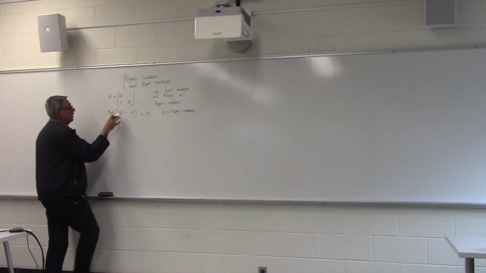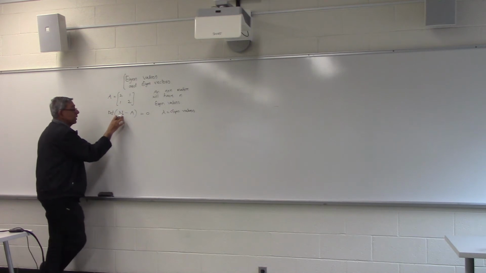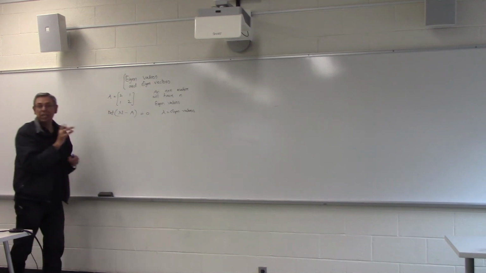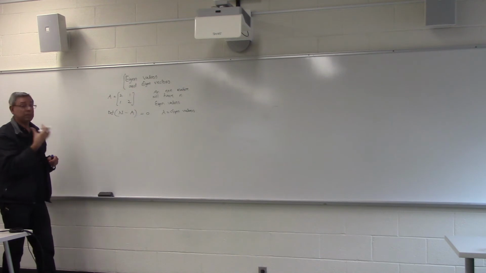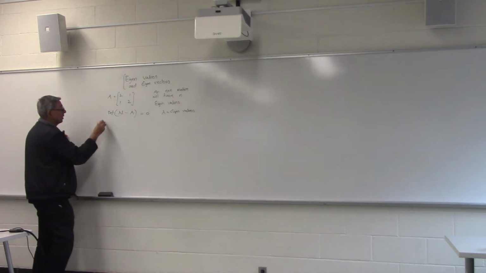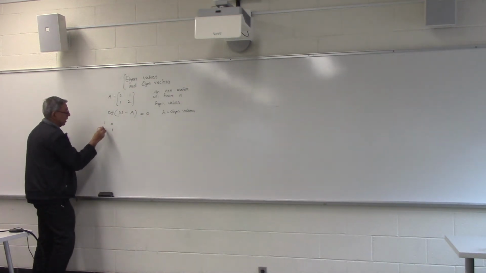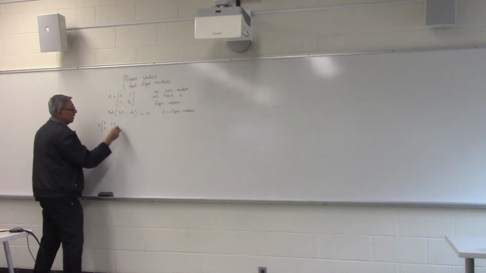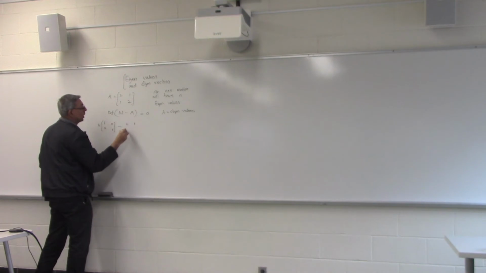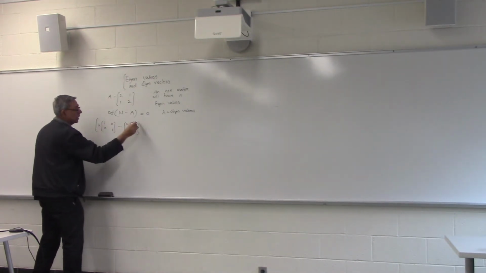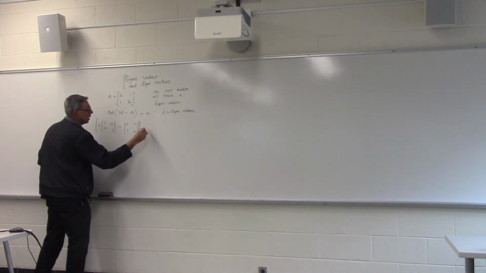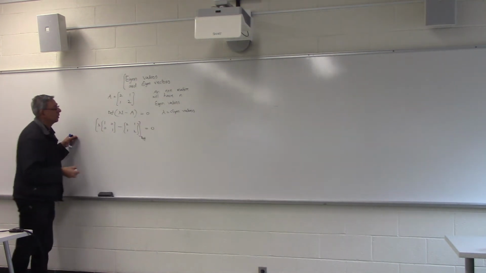I is the identity matrix, not the identity in terms of images, but in terms of matrices. So this will be lambda I minus A, 2, 1, 1, 2. And now we need to take the determinant and set it equal to 0.